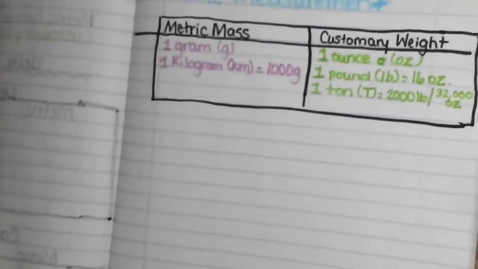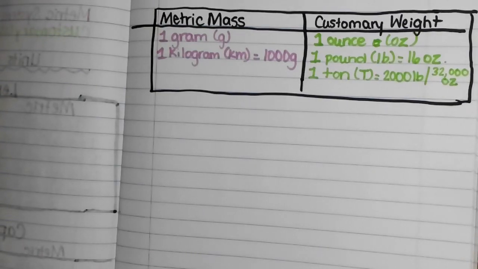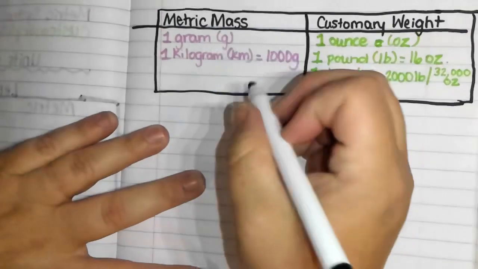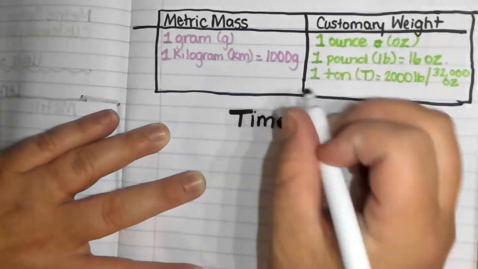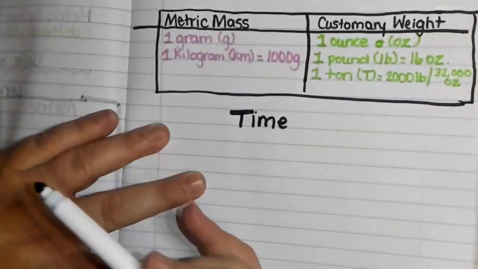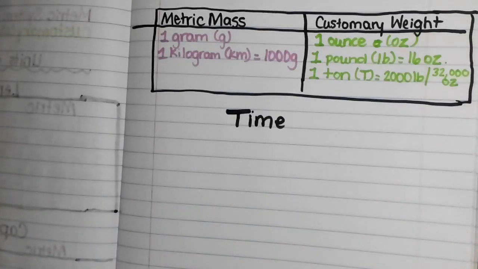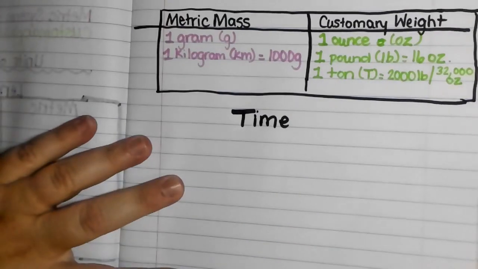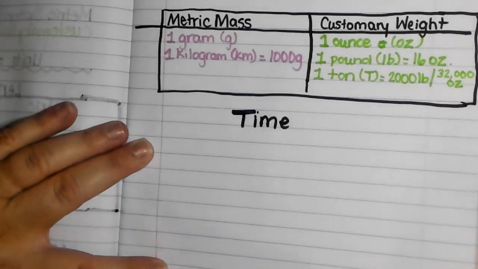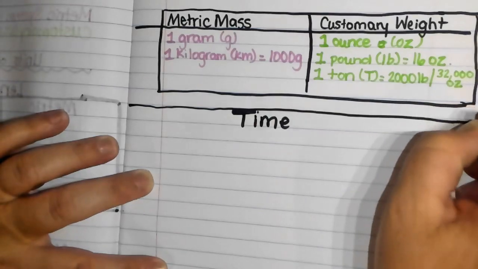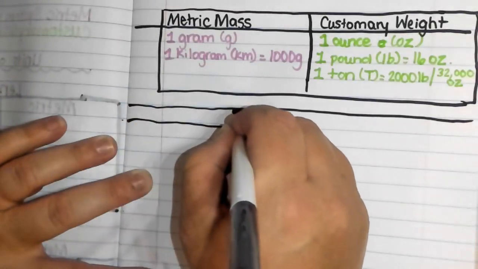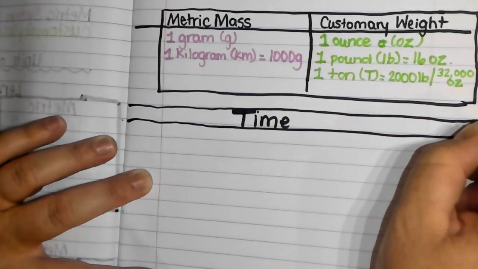Okay, moving on from mass and weight, we go into something you all are very familiar with, and this is time. Now, when we're dealing with time, it is the same worldwide. There's no metric, there's no customary. We all use the same system of measurement when we're dealing with time. You all should know by this stage in your life what the smallest unit of time is, and if you don't, I'm about to tell you.